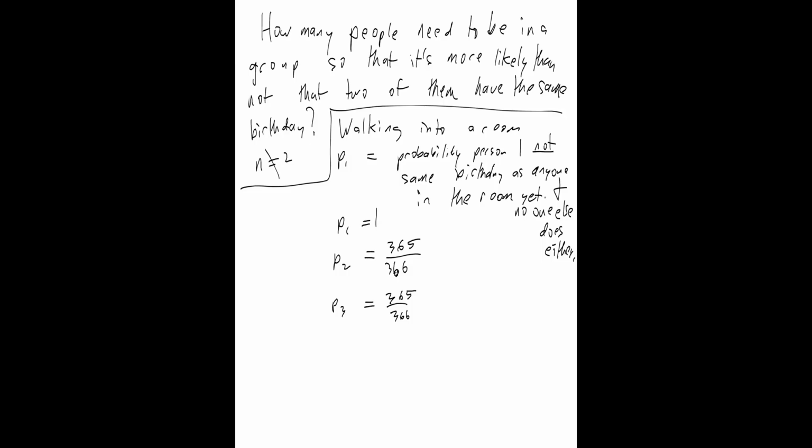But if person number 2 and 1 don't have the same birthday as each other, then the probability person 3 doesn't have the same birthday as either one of them, since there's 2 different birthdays, would be 365 over 366 times 364 out of 366. Because he has to make sure that he doesn't have a birthday on that one day that that person does either.